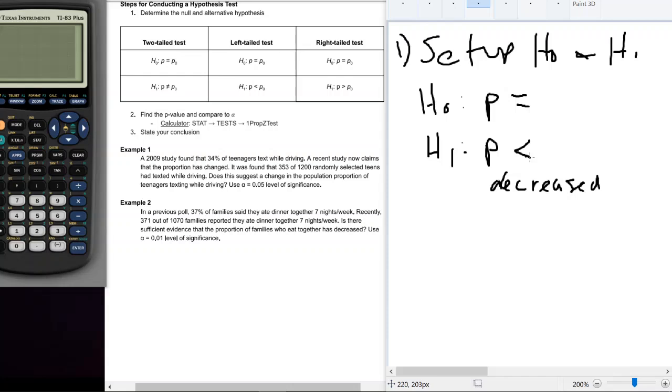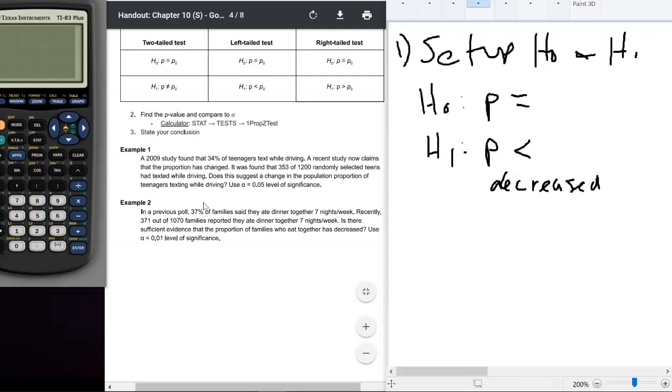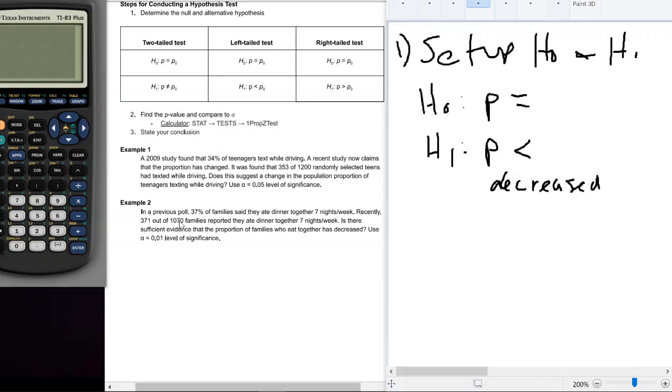And then the value of the population, p naught. Here we're looking for a population value. Notice that 371 out of 1070 families is sample statistics, this is sampling data. But 37% of families ate together 7 nights a week is a population value. That's how we set up the null and alternative.